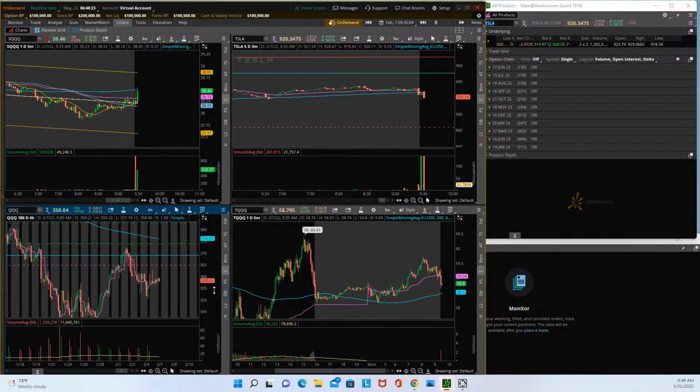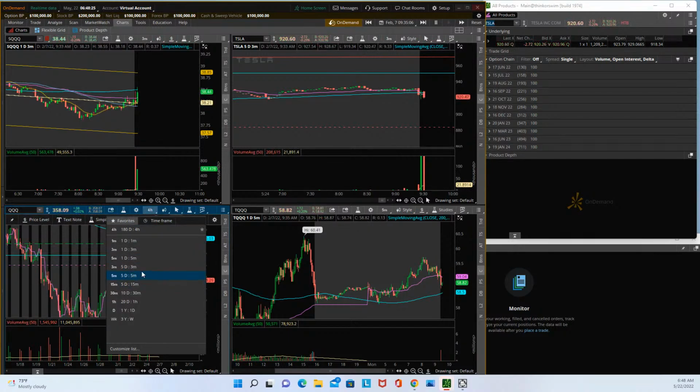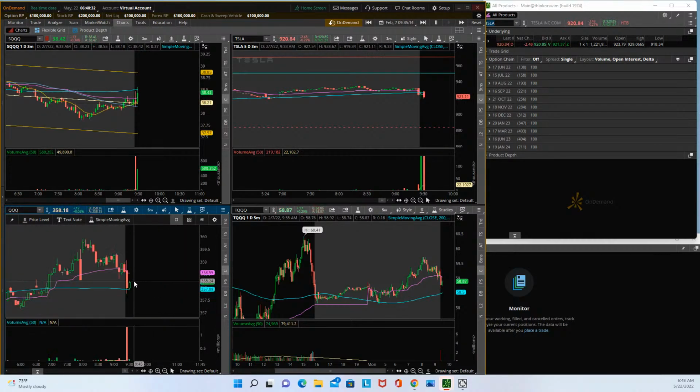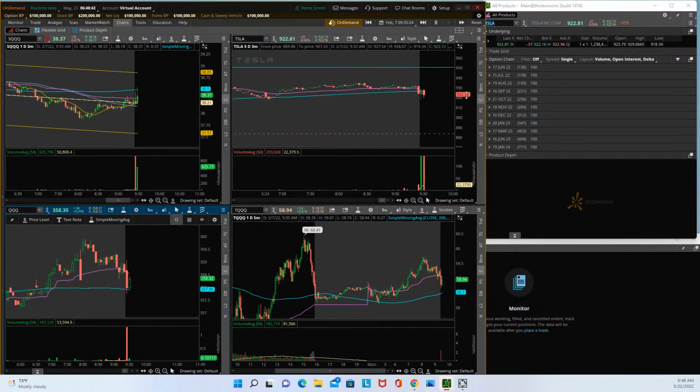Okay, so we did get a little bit of downside for the first 5 minutes. And now we're getting a little push, a little bounce off of this moving average here. But once we start breaking above, looks like we want to go down.